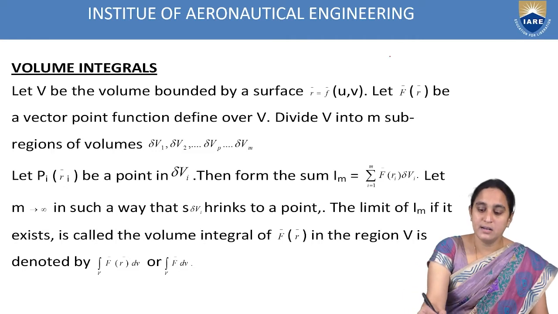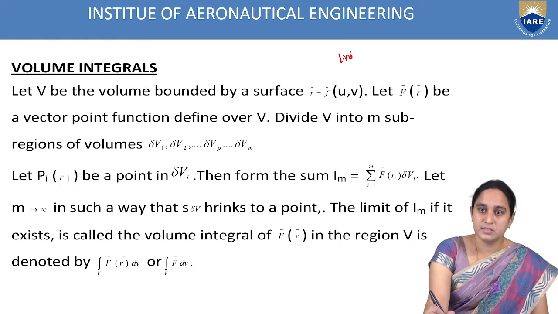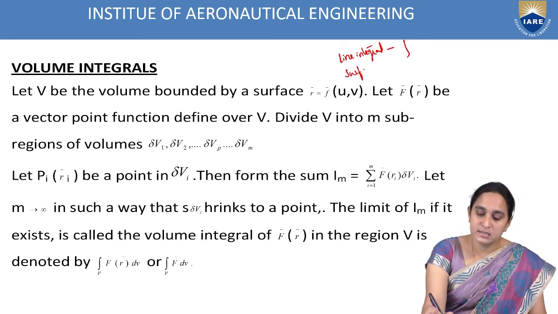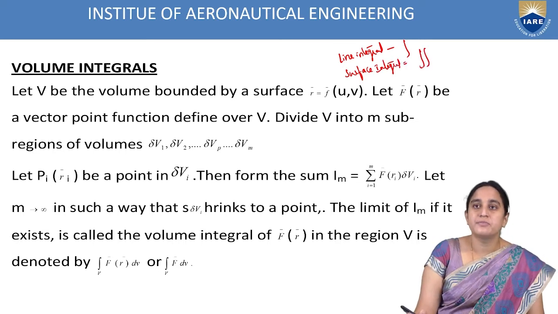Once again, line integral, which we discussed in the previous classes, means a single integral, integrating with respect to either x or y or z. Surface integral is in double integral form, that means integrating with respect to either xy or yz or zx.